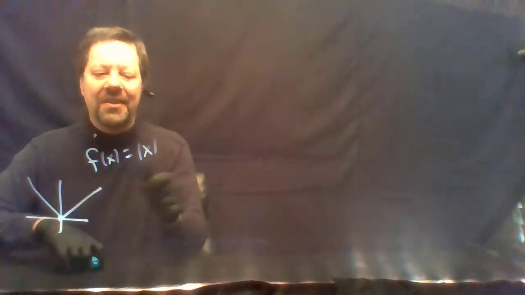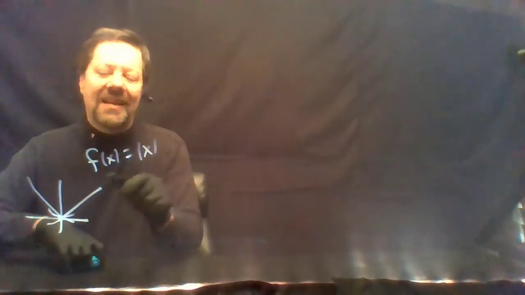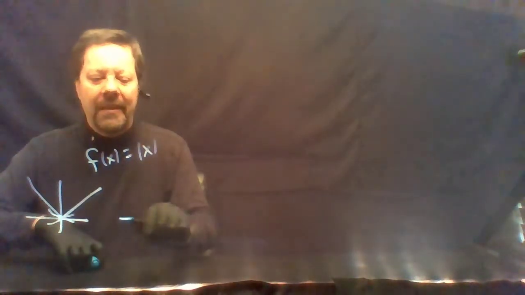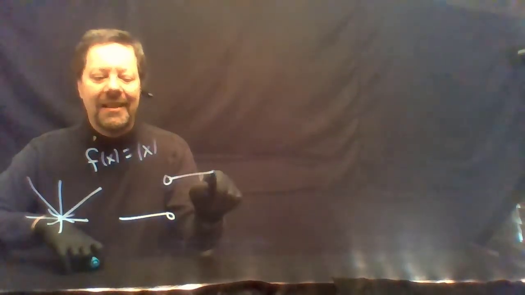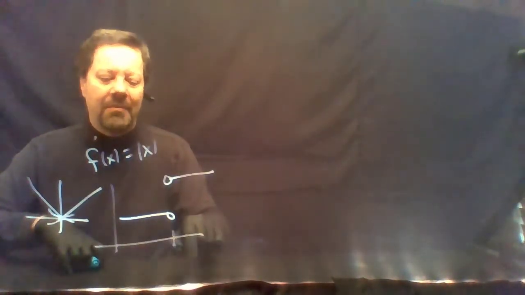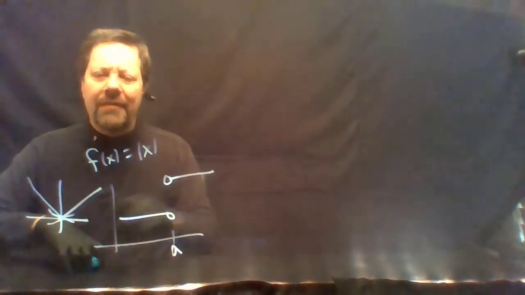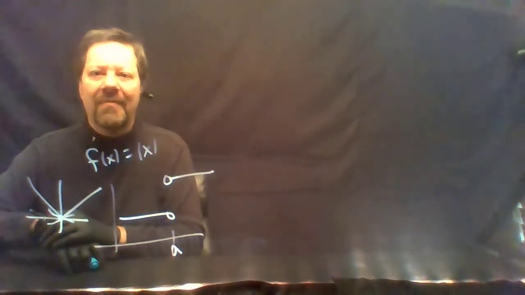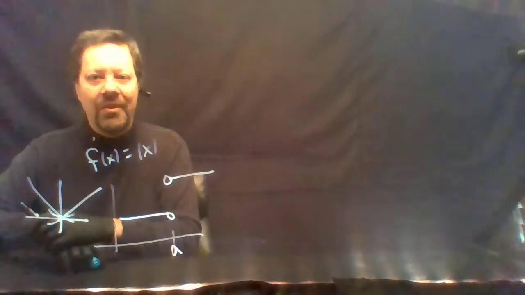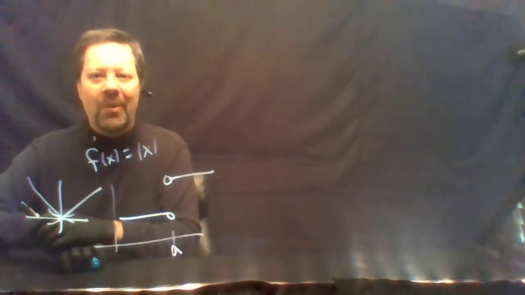You can see that this function isn't quite smooth enough to have a well-defined tangent line. You can balance tangent lines all over the place here, and so it doesn't have a derivative at x equals 0. It will have a derivative everywhere else, but just not at x equals 0. Also, if a function is not continuous at some point, there is no well-defined tangent line that you can put there, and so the derivative won't exist at such points.